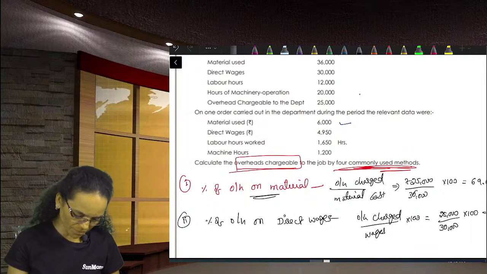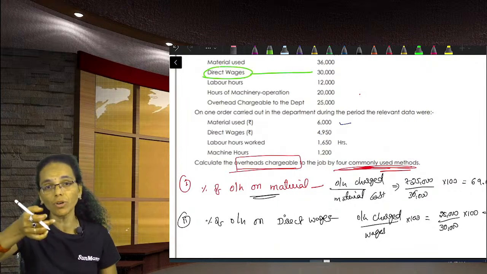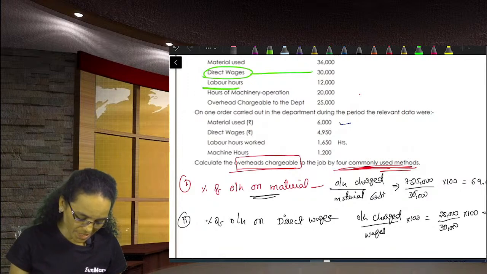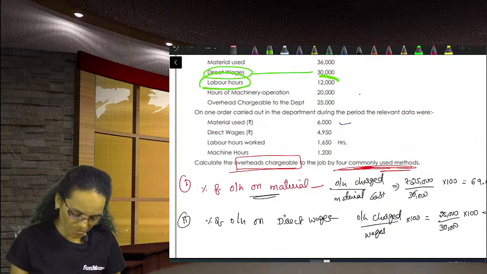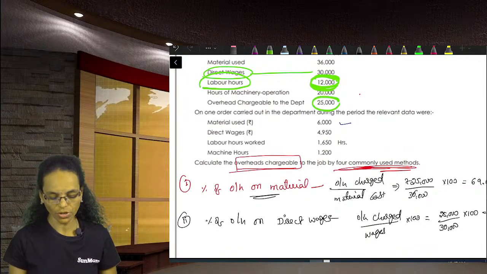this is direct wages, means this is the amount we paid to the employees, or we can say labor. But this is the labor hours, how many hours they worked. 12,000 hours the laborers worked. For that we have incurred overhead charges of 25,000 rupees.